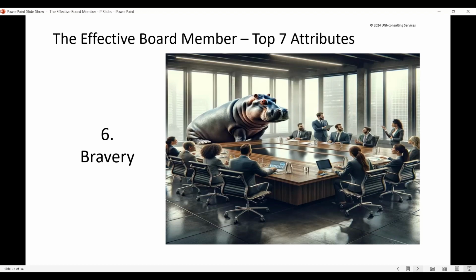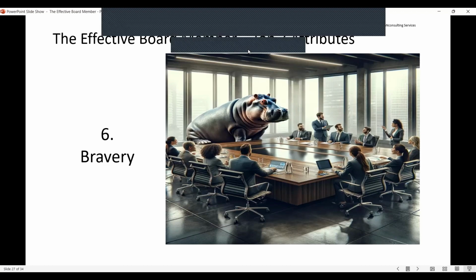Bravery helps to defeat the groupthink tendencies and the hippo effect. The hippo effect, that is the highest paid person's opinion. Sometimes in the board, the hippo might be the CEO, it might be the chairman, it might be one very influential member in the board. And when he speaks, everybody keeps quiet. An effective board member must be brave to speak up and say, "I have a dissenting view in this.